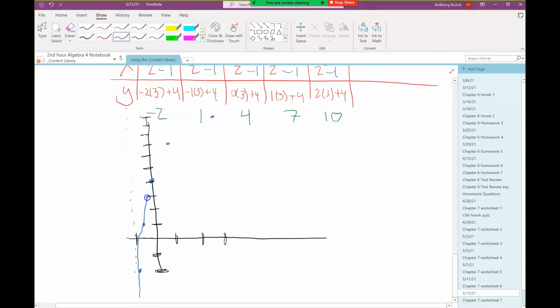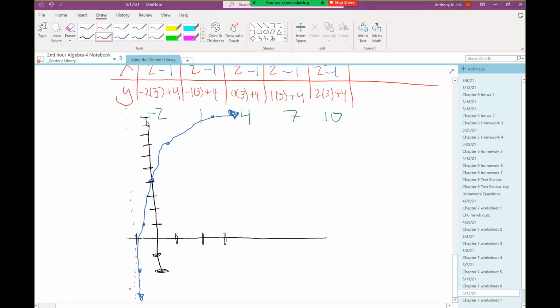Draw my graph then. Sorry, got a little shaky there. Again, that should be curved, right? It shouldn't be a straight line, and it shouldn't pass through the asymptote.